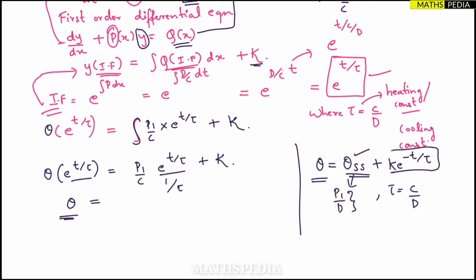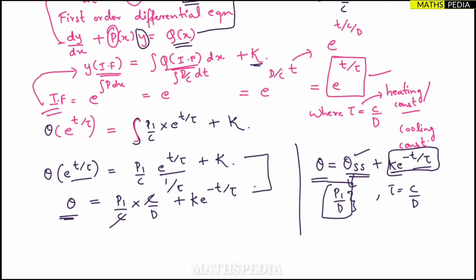And this term we should have, so k is already there, we want e power minus t by tau, so I can just write this as P1 by C into C by D. Why am I doing C by D? So that C and C get cancelled, the left out term will be P1 by D. Okay, plus k e power minus t by tau.